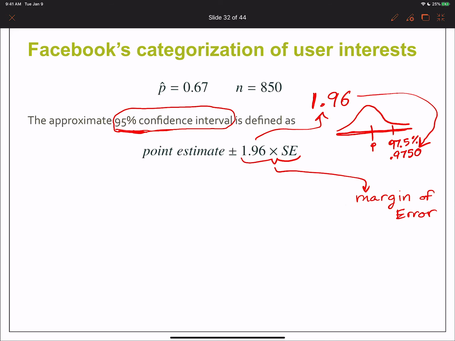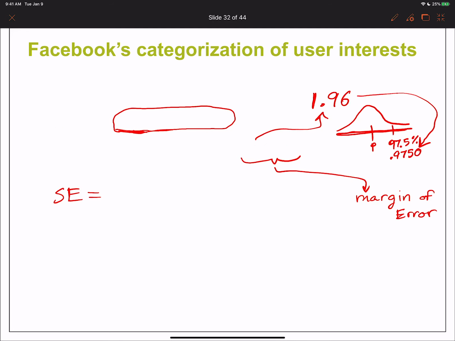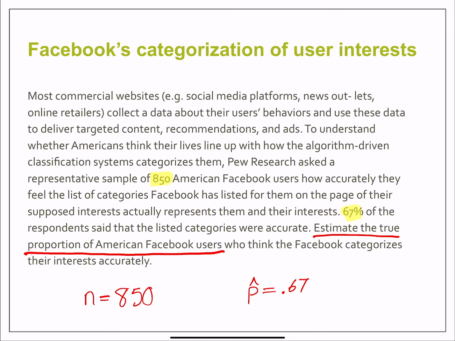Now, let's actually find our standard error. So how can we find our standard error? First, we need to say, are we trying to find a population proportion or a population mean? If we look here, it says estimate the true proportion of American Facebook users.